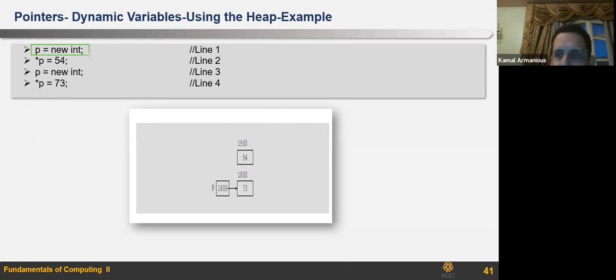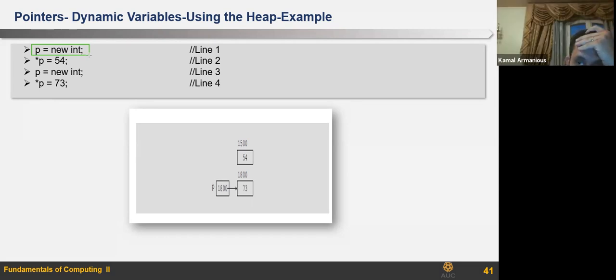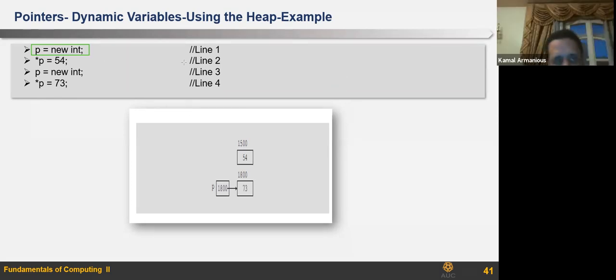What does this mean, Maram, as we explained? We allocated the variable P. Isn't it supposed to have a star? Yes.